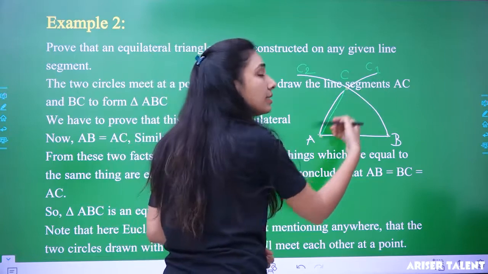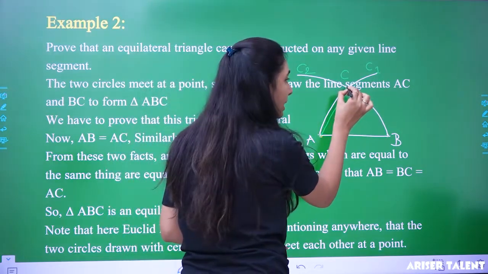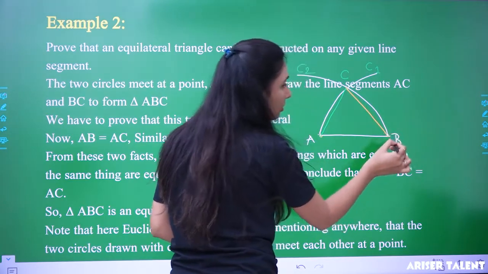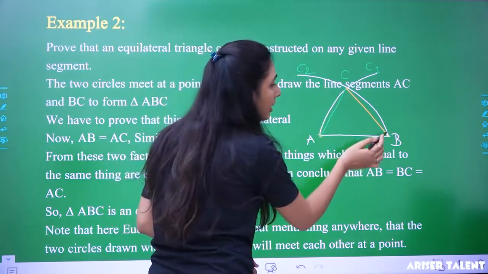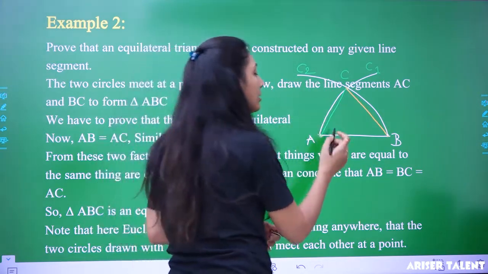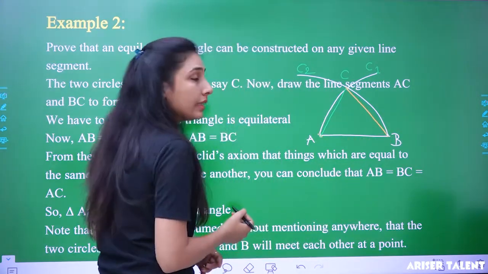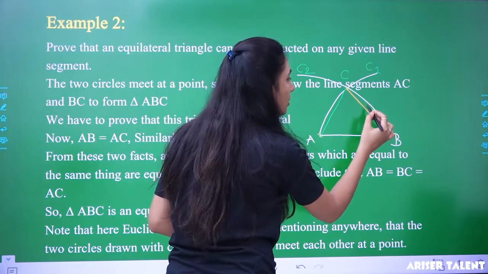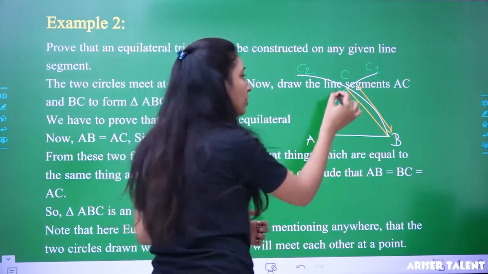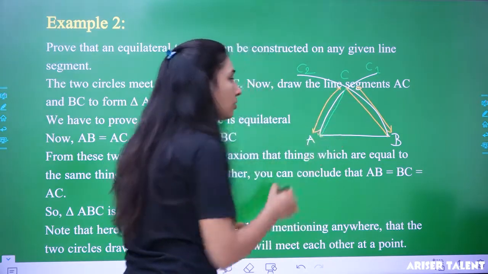In circle C1, from this point to B, what is this? This is the radius of the C2 circle, and the C2 circle's radius is also AB. That means this is equal to AB. So this is equal to AB, AB is surely equal to AB, and this side is also equal to AB.